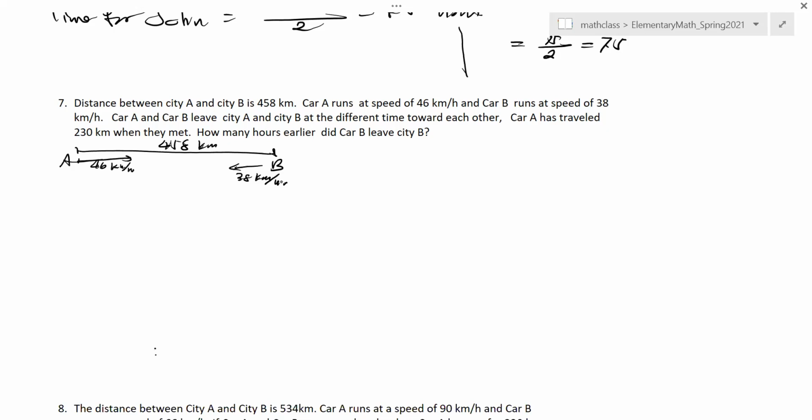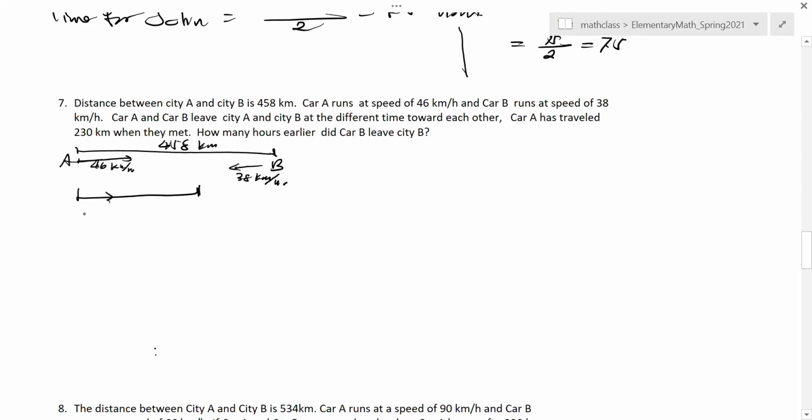First of all, you have to figure out how much time it takes for car A to meet car B. Because when they meet, car A already traveled 230. So first of all, you figure out for car A, that's where they meet.